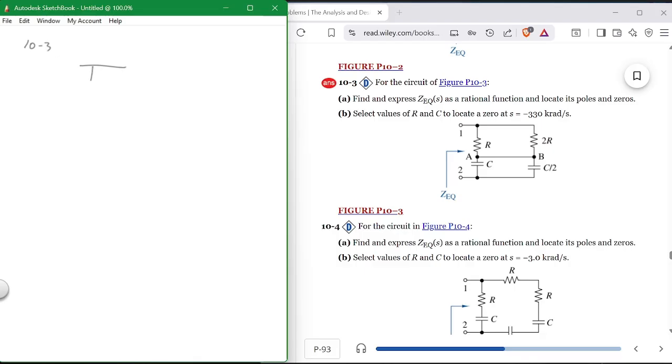What would be the value of the parallel combination, and then down here C, and then 2C, or C over 2. C and C over 2.